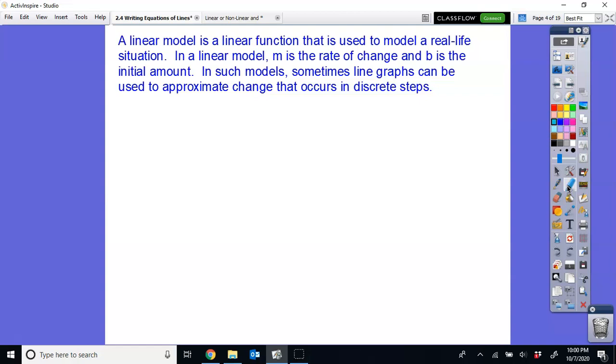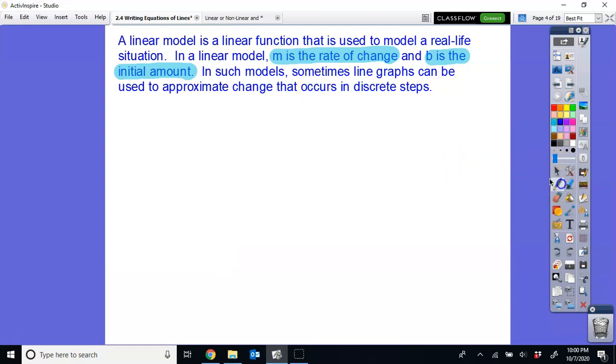If they have what we call a constant rate of change, that's the slope. And if they have a beginning amount or initial amount, that's the y-intercept. That's the m and the b from my slope-intercept form of an equation.